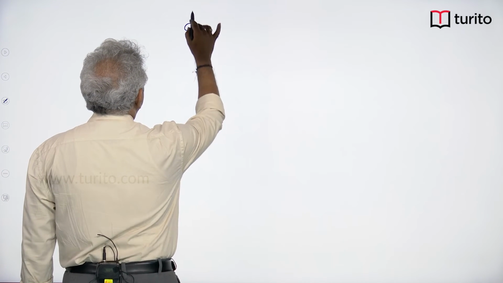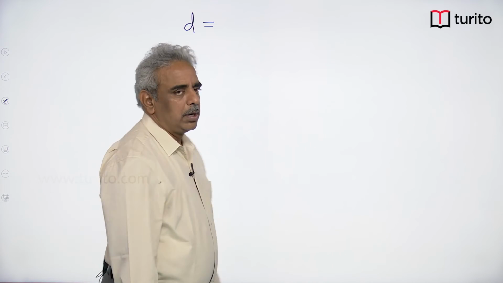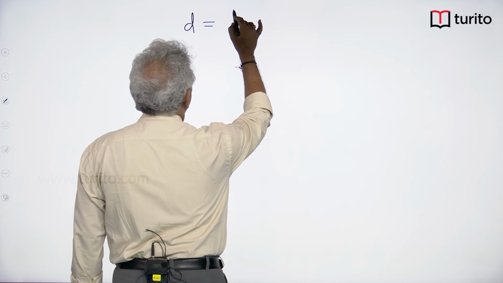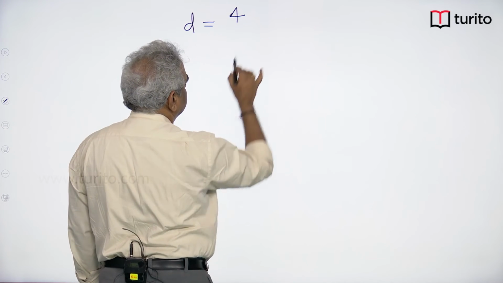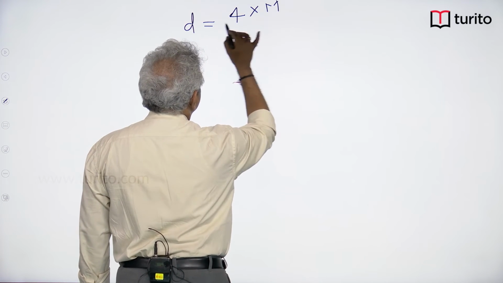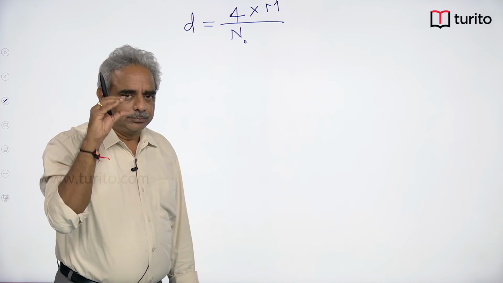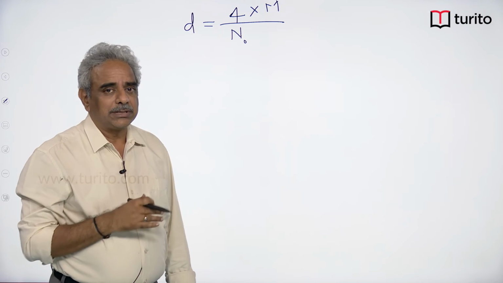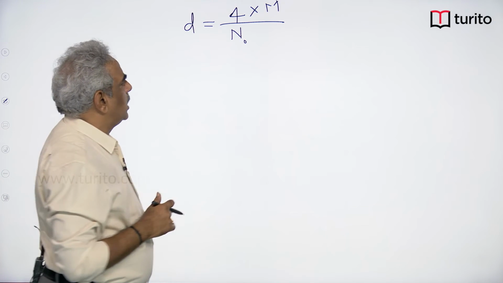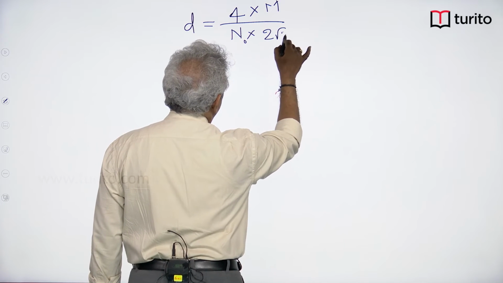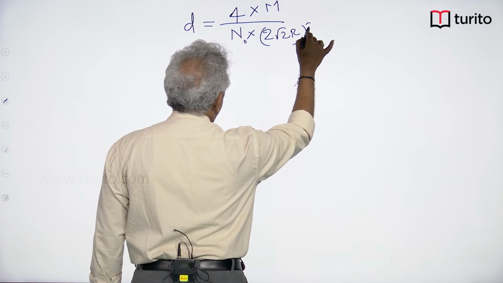See, density is what? Mass by volume. For FCC unit cell, what is the density? There are 4 atoms in unit cell, and each atom has M by N naught mass, and the volume of FCC is 2 root 2 r whole cube.